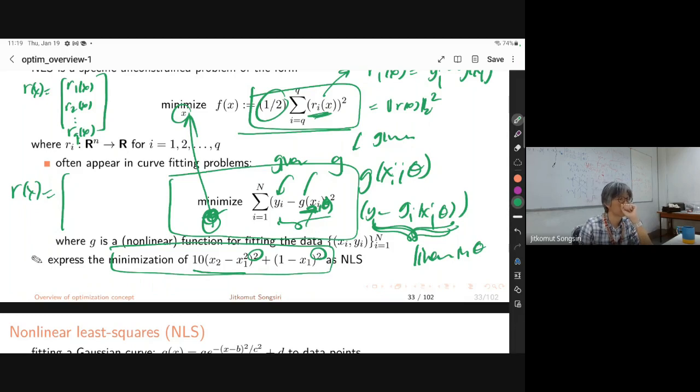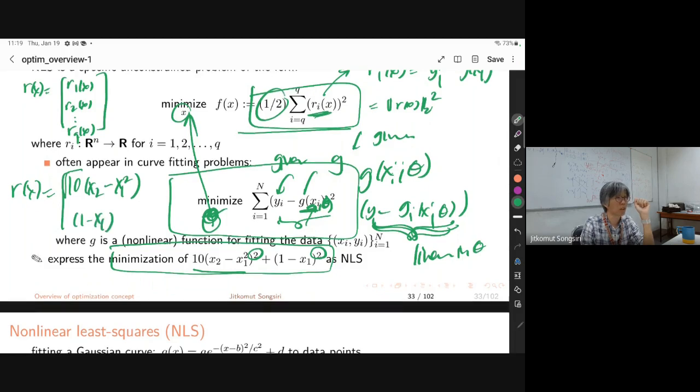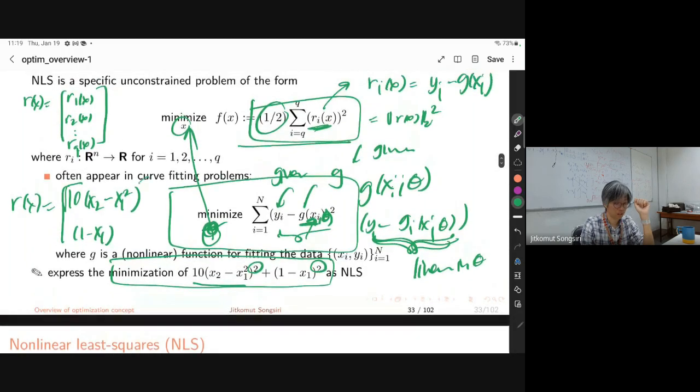Square of, obviously, square root of 10 times (x2 minus x1 squared), and then the other term would be 1 minus x1.